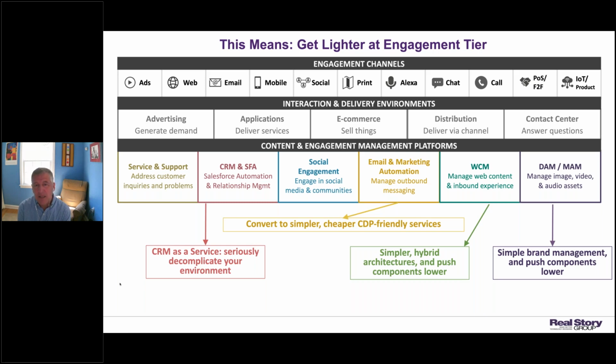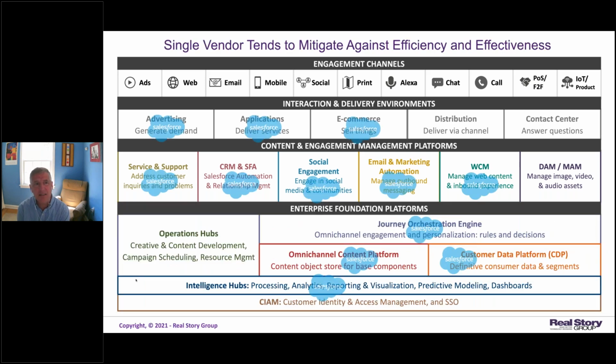So the first story here is, you're going to have to think about the broader context going forward as you think about these tool sets. And one of the implications is that you may be able to get lighter at the engagement tier, and lighter is always better, as long as it's working for you. But then the second thing that this suggests is that you want to avoid this idea that a single vendor can build your entire stack for you, because it's becoming, first of all, too big and too complicated.